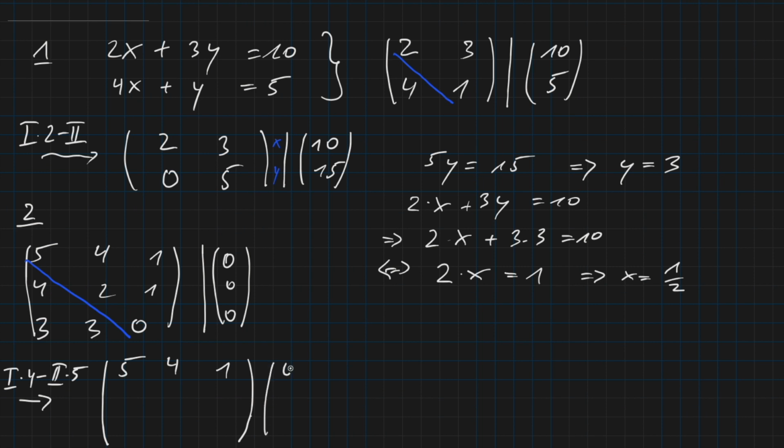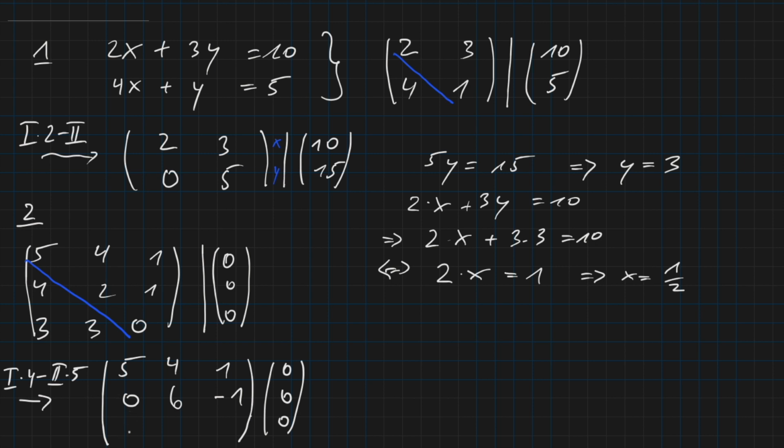And then we have 0, 0, 0 and then we have 0 here. 4 times 4 is 16, minus 2 times 5, this is 10, so 16 minus 10 is 6. And then we have 1 times 4 is 4, minus 1 times 5, this is minus 1.